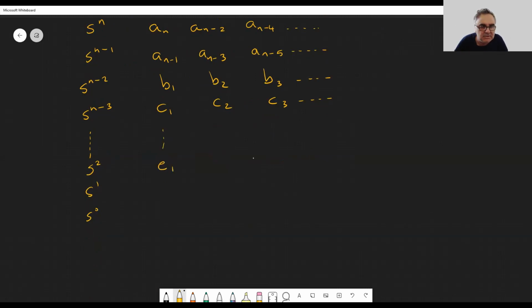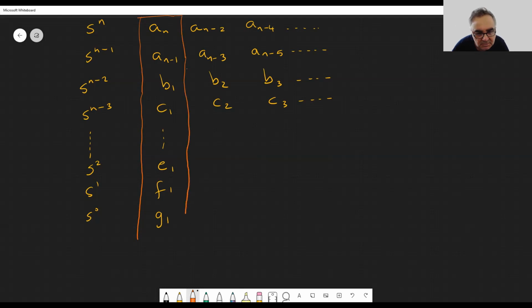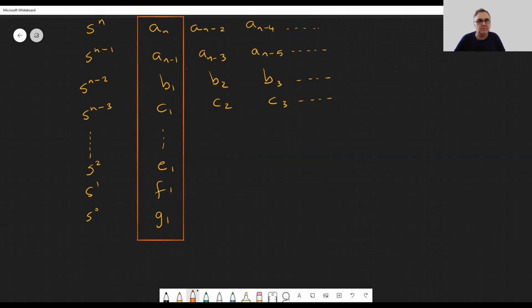Let's call this E1, this F1, this one G1. Now, the important thing is the first column. Obviously, I have to define B1, C1, etc., but let me just put this in a bracket.